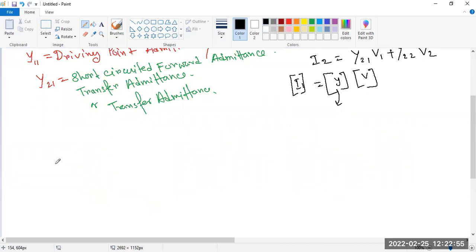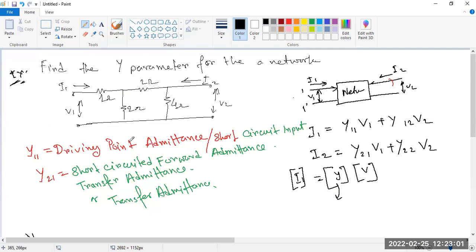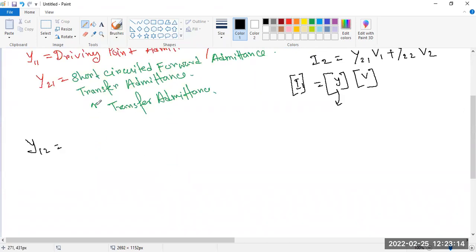Another term is Y12. When Y12 is required, we have to short port 1 dash, and the voltage is applied at the other port.